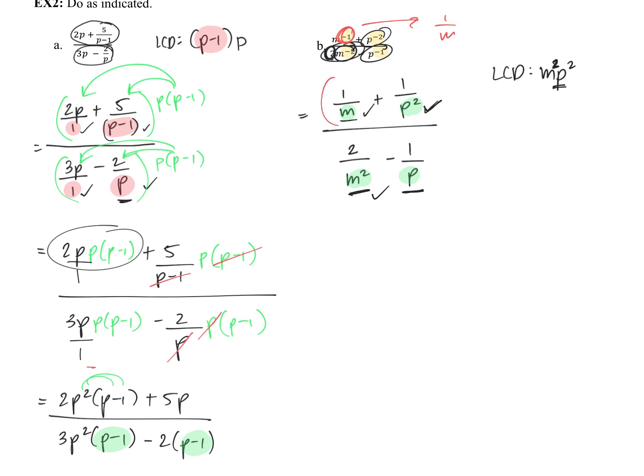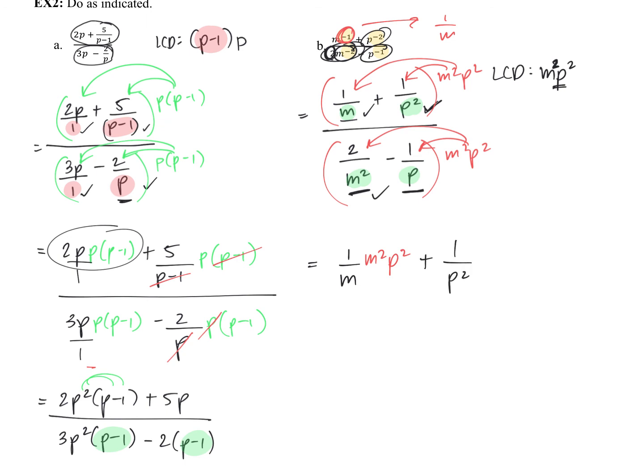Let's go ahead and do the building up property. m squared p squared to the top, and m squared p squared to the bottom. And then we'll go ahead and distribute those to each of the factors. So that's going to equal 1 over m times m squared p squared plus 1 over p squared times m squared p squared.